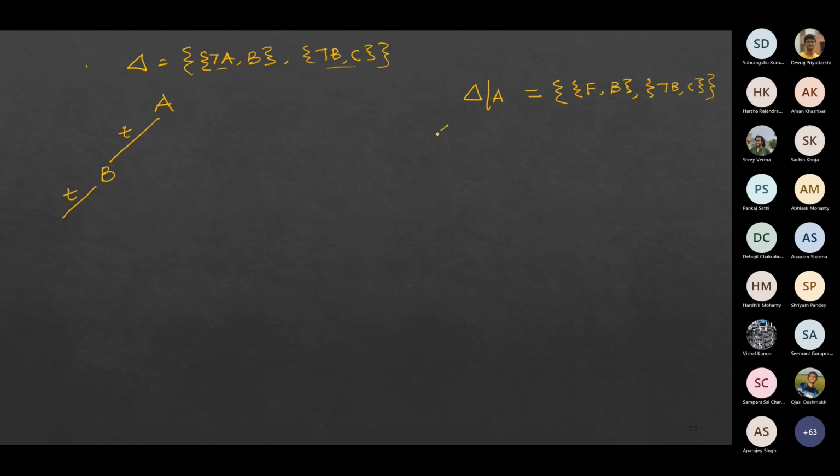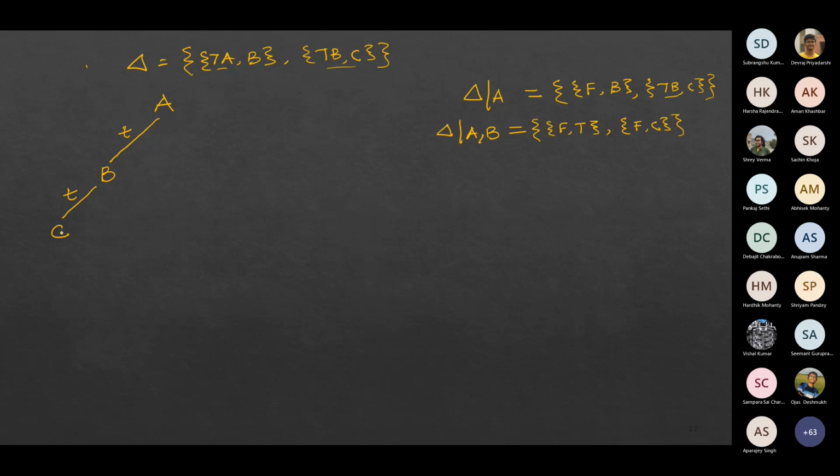And what we are doing here really, we are conditioning delta over A and B. Now, if you condition this delta over A and B, what will happen? So we'll have F here and we are assigning T here for B, right? And what will happen to this? So this will become false and C will remain as it is, right?